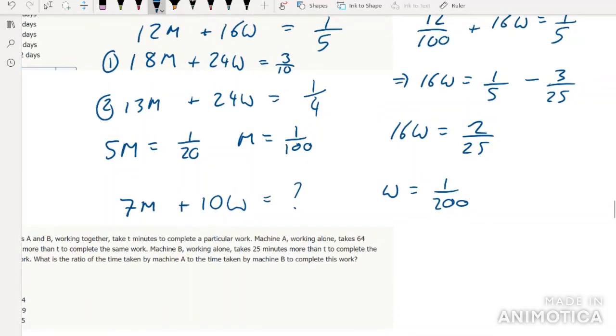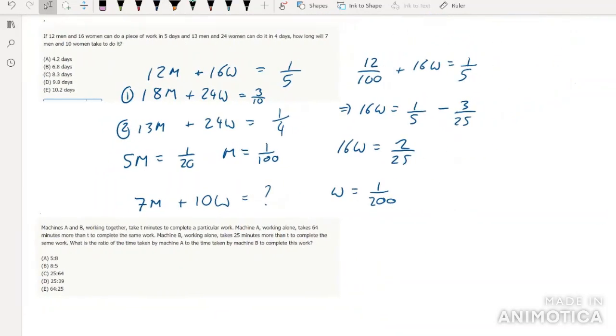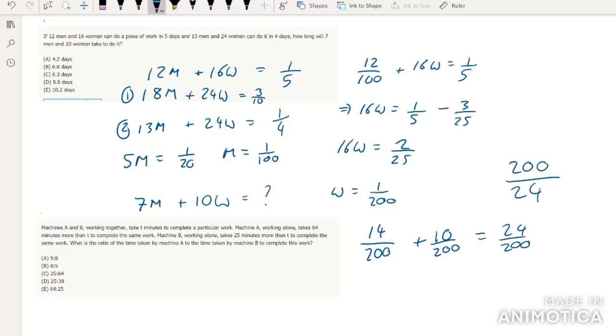Finally, we've got 7 men and 10 women, so 7 over 100, or in other words, 14 over 200, plus 10 over 200, which equals 24 over 200. And so the answer is 200 over 24 is how long it takes them, which is just a bit more than 8. So we're going to go with 8.3 days.